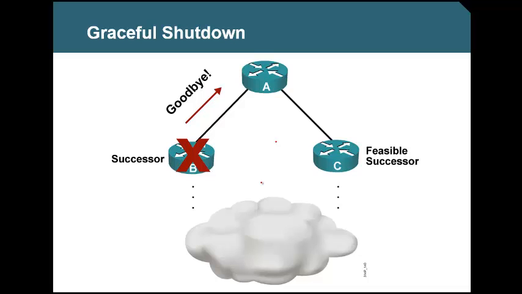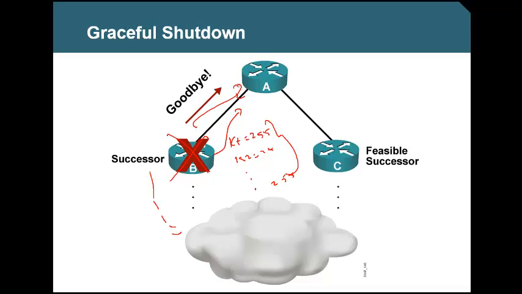When a successor goes down, when the router itself is going down, or when a successor to a destination goes down, a special message with all the K values, all K values will be 255. This will be sent to router A.